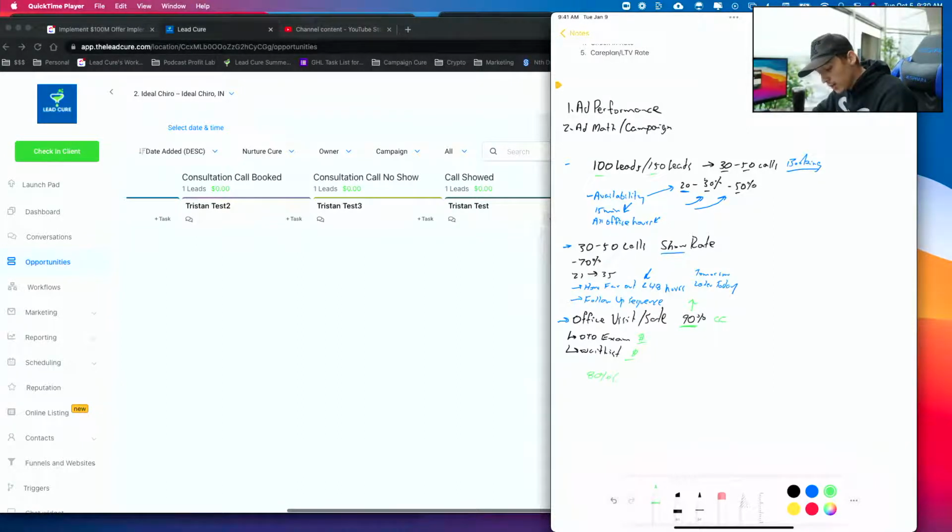And we actually have had offices in the 80s and 90s just crushing it, just every single person they come in. But we actually find that that's not true. It's usually more like 40, 50. And the reason is if you don't pre-qual hard enough in the call show rate, or if the offer isn't specific enough in the ads to get better qualified leads.